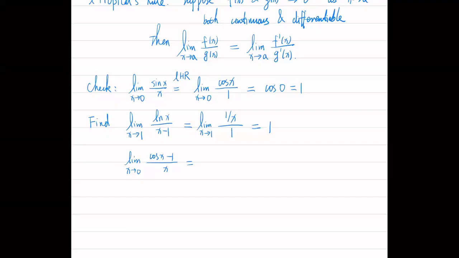Do you get the same limit as we had before, or do you get a different one? Check your process.